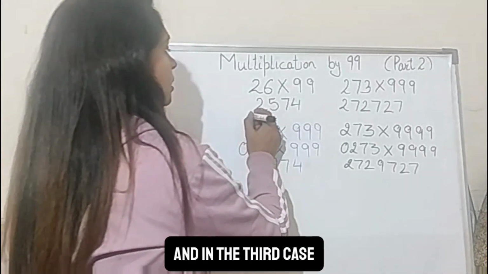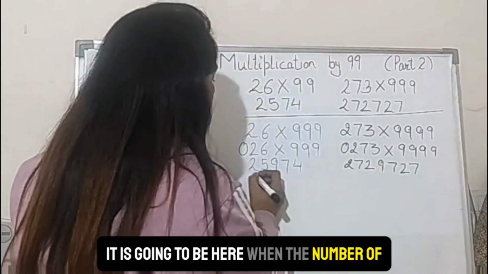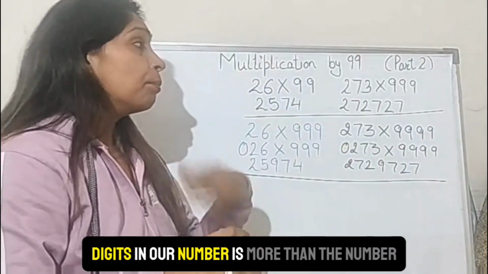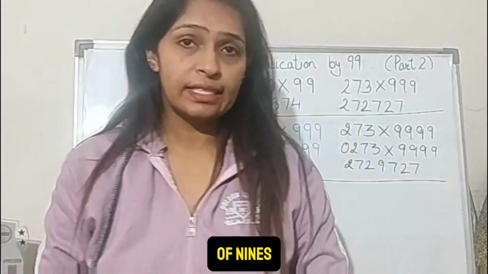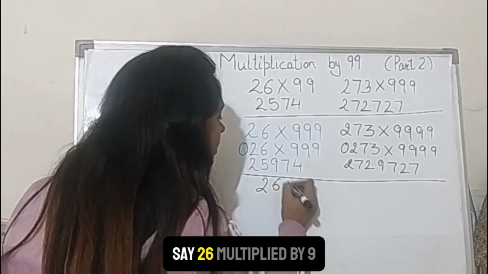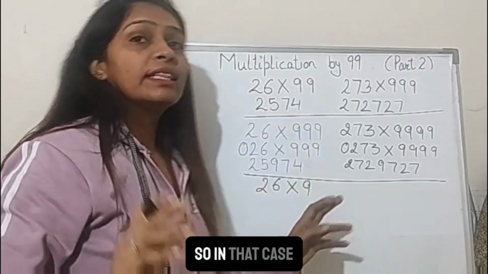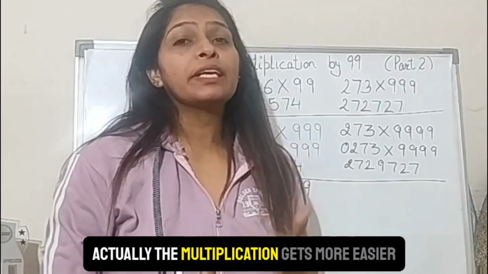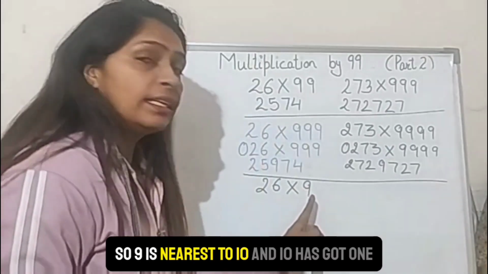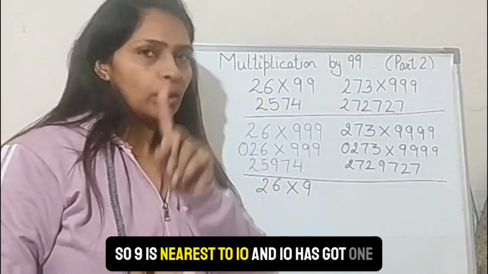In the third case, the number of digits in our number is more than the number of nines. Like for instance, if I have to take a number, say 26 multiplied by 9. In that case, actually the multiplication gets easier. How? Let's see. 9 is nearest to 10, and 10 has got 1 zero.